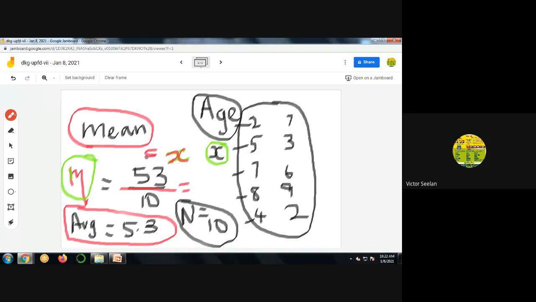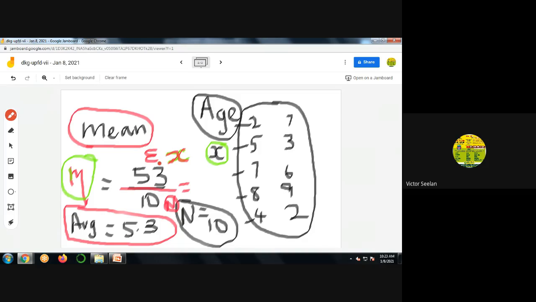For mentioning the addition of values, I'm going to put sigma. What is this 10? This is nothing but n, the number of students. For each number the variable is x, so I add all the x values.